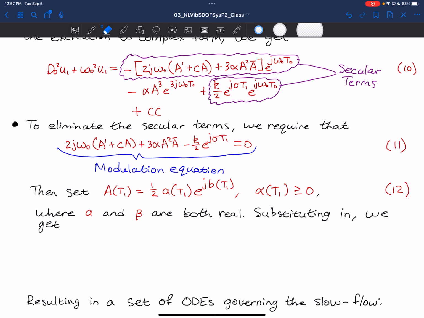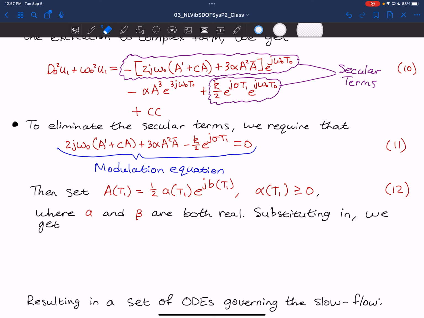So from here, we're just going to expand that complex amplitude into a polar form, where we'll have a real amplitude A, which is a function of T1, and a real phase B, also a function of T1 here.